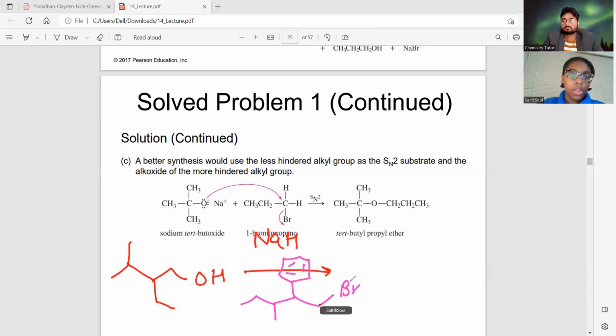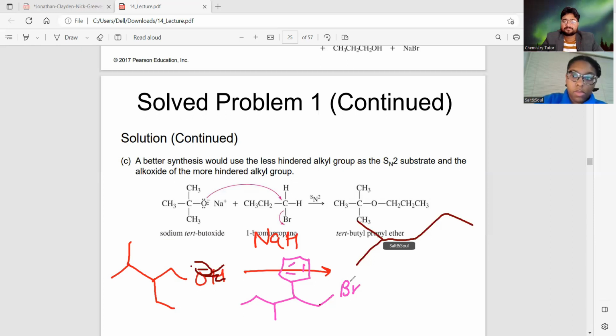This is primary, this isn't hindered, right? This goes away. This is an alkoxide method. So it adds here, this goes away, so it goes here.